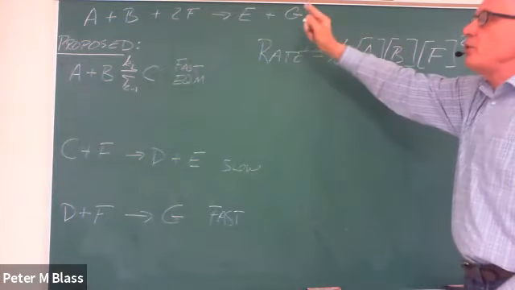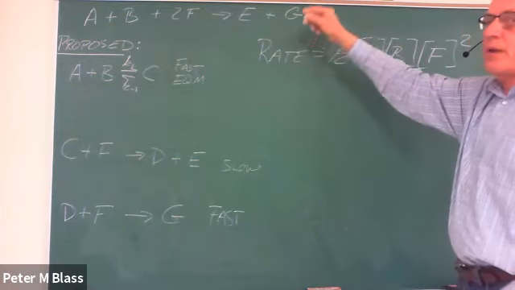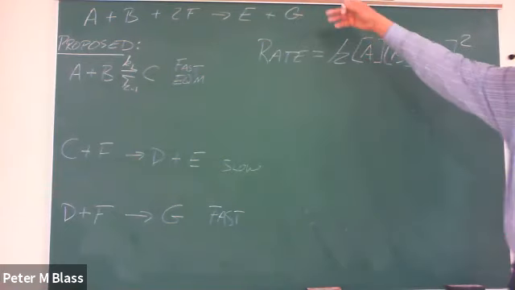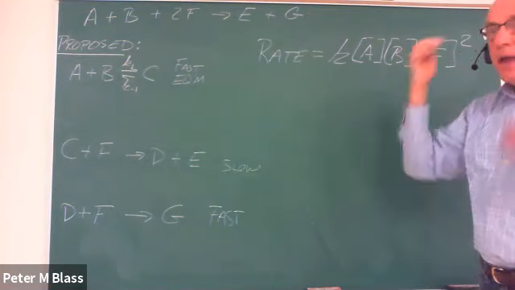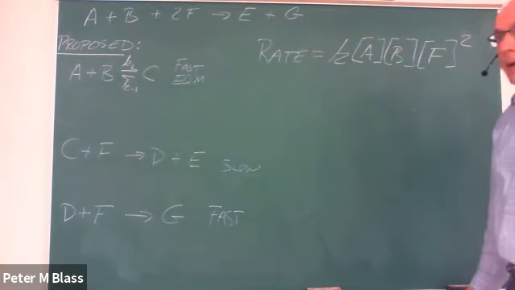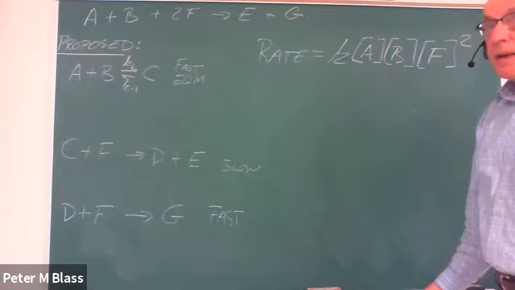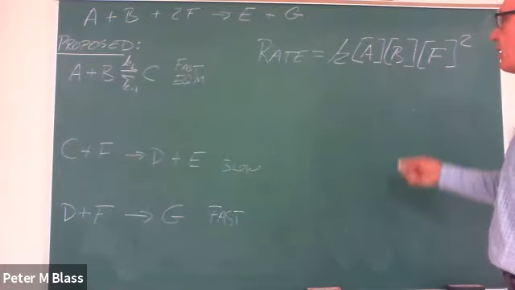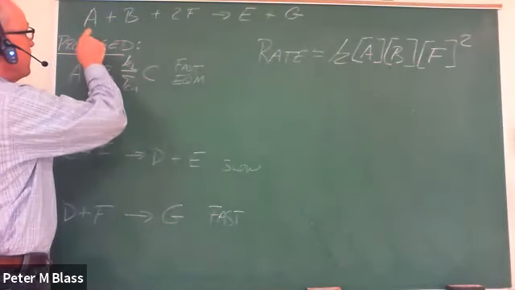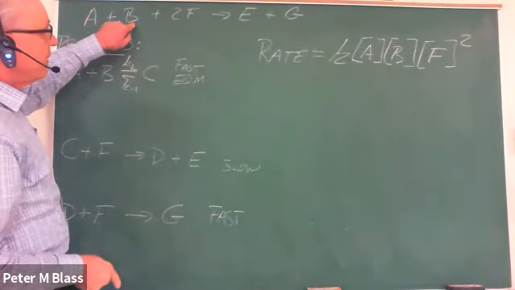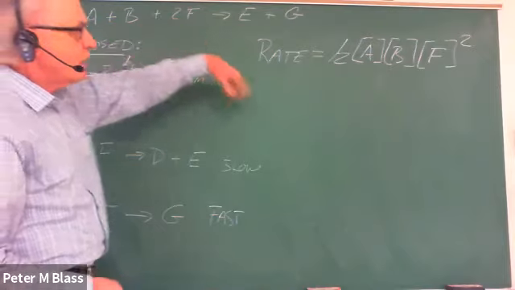The thing is, you can't determine the rate law of an overall reaction like this except by going in the lab and doing experiments. That's the only way. You cannot in general just look at it and say, oh, A to the first power, B to the first power, F to the second power.